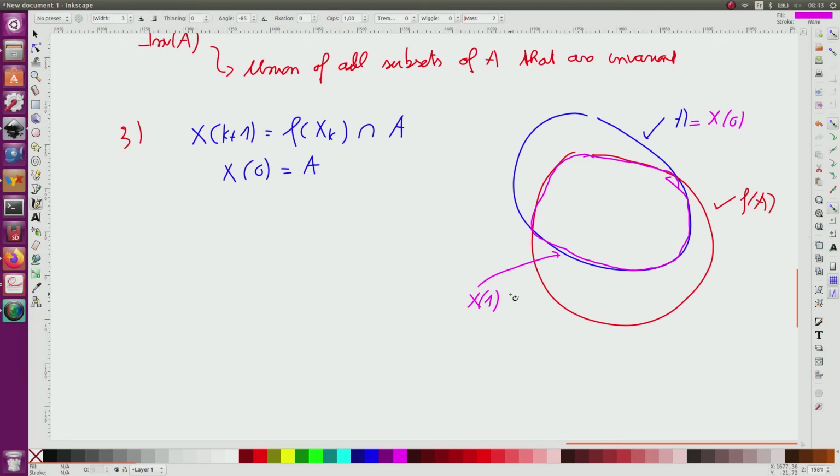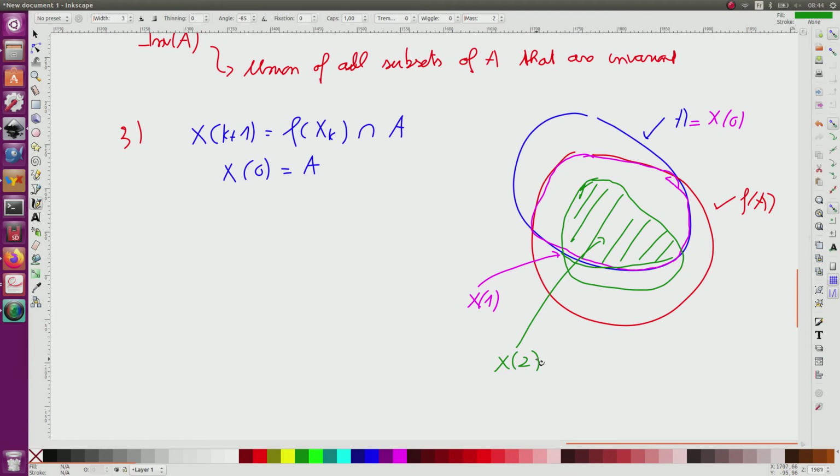Now I take this set x of 1 and I compute its image. So its image may be something, let's say, like this. I intersect with A, the blue one, and I will obtain this. This corresponds to x of 2, and so on.